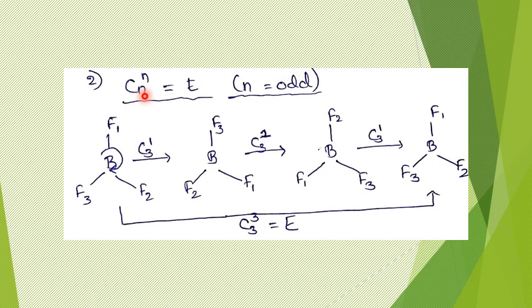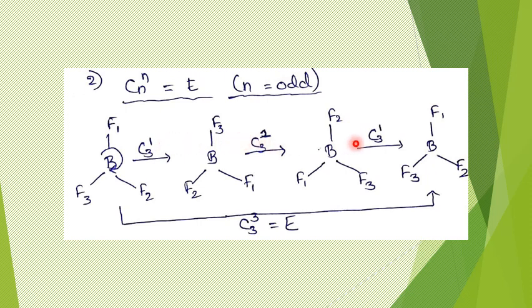So when the order of the axis is odd, if we perform the operation n number of times, of course n should be odd, again what we get is a 360-degree rotation, and it results in an identical orientation that you can see here. F1, upon performing the first C3 operation, takes this position, after performing it a second time it takes this position, and after performing it a third time it takes this position.